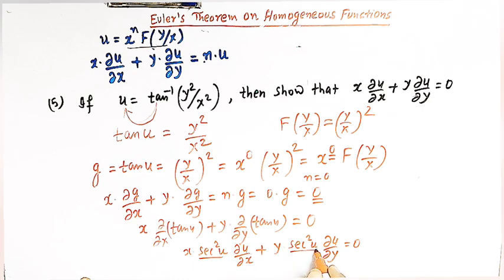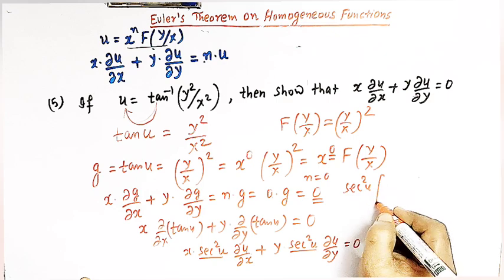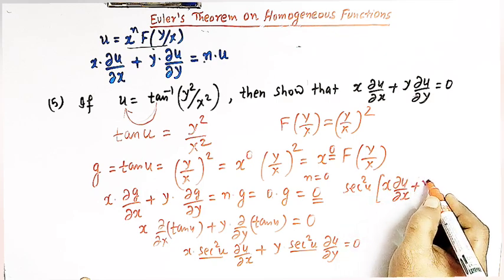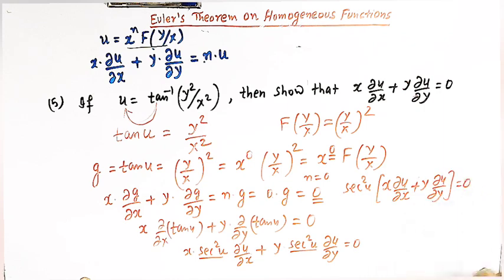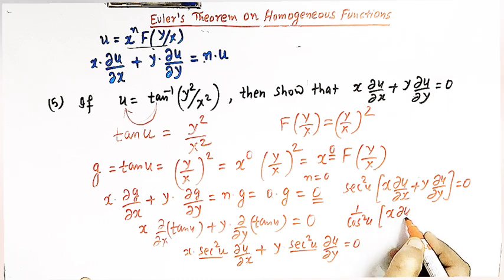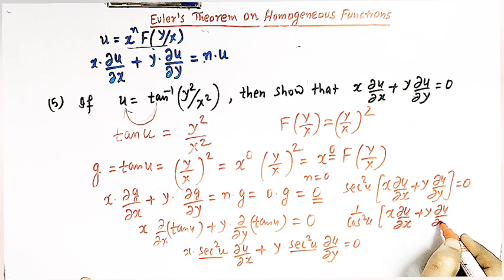Now taking secant square u common, we have secant square u and x del u over del x plus y times del u over del y is equal to 0, and secant square u can be written as 1 over cos square u, and this is x times del u over del x plus y times del u over del y is equal to 0.